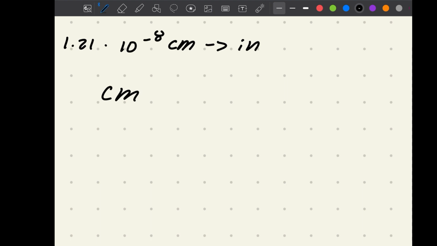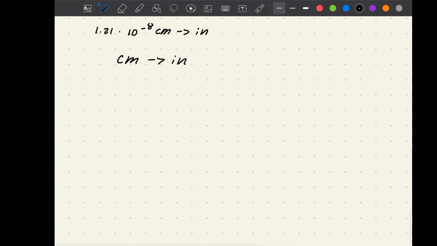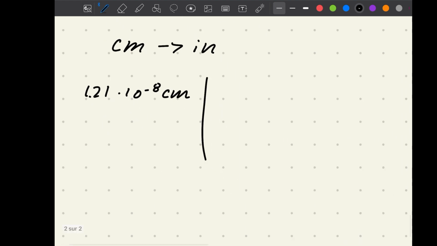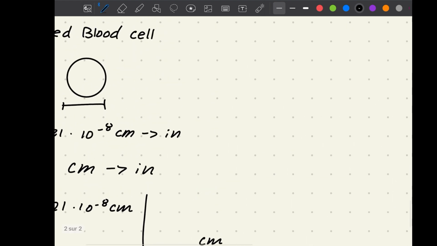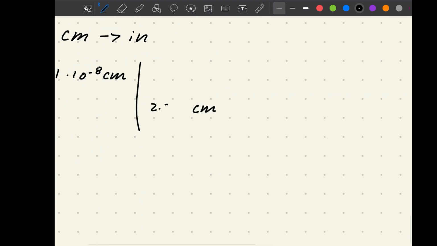So we have centimeters to inches. Now this problem is a bit more straightforward, as this is also just a one-step problem. So we have 1.21 times 10 to the negative 8 centimeters. And we want centimeters to cancel, so we will have centimeters at the bottom. And we have a conversion rate of 1 inch equals 2.54 centimeters. So 2.54 centimeters at the bottom and 1 inch at the top.